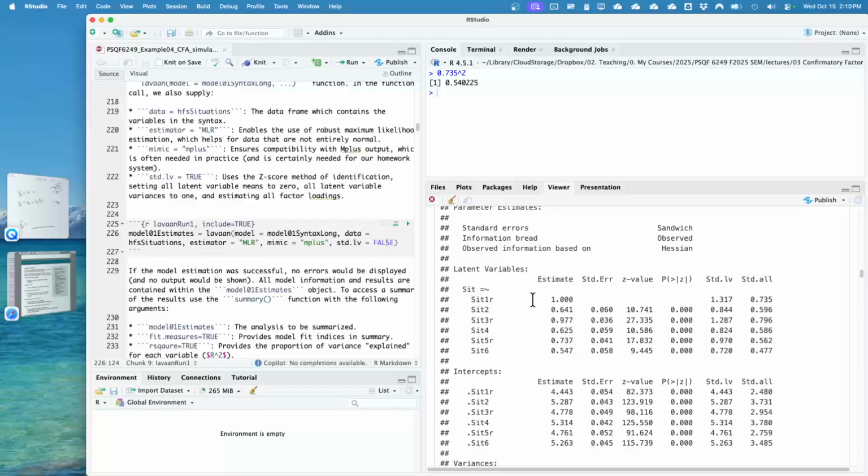Now, the first item's factor loading is 1. The other ones have changed, but the right-hand side did not change. These will not change on the right-hand side. So std.lv should give you the estimates that we saw in the output from the first model, and std.all should be the same as std.all in the first model.